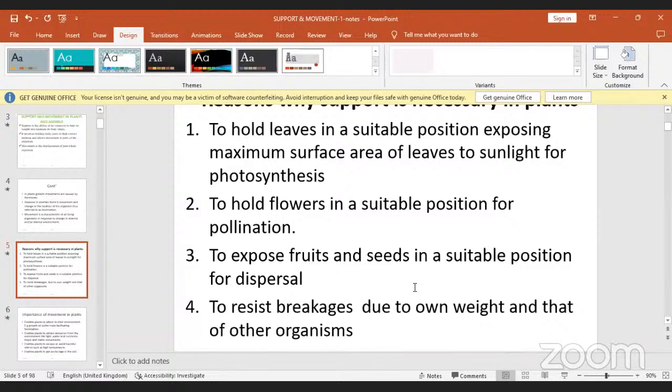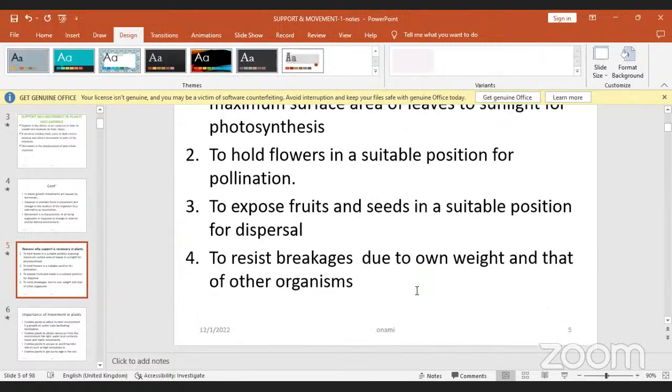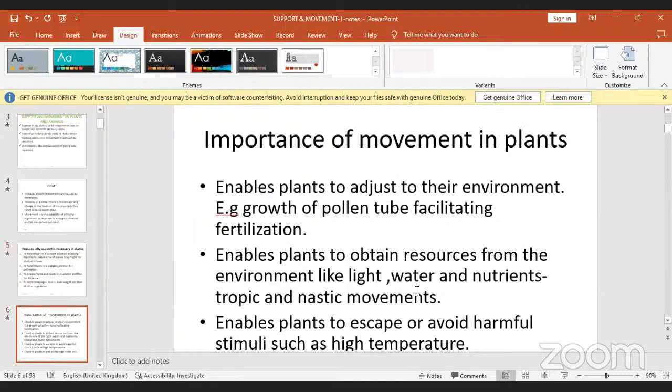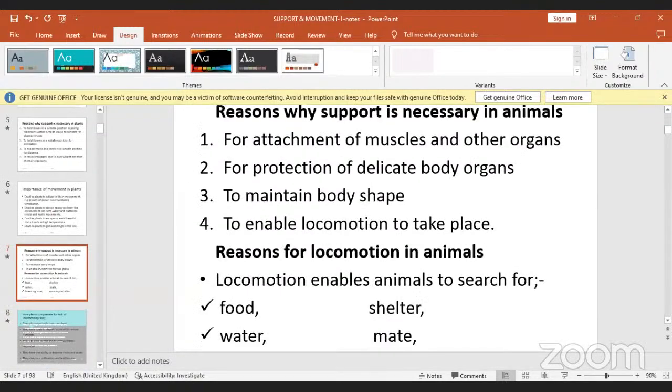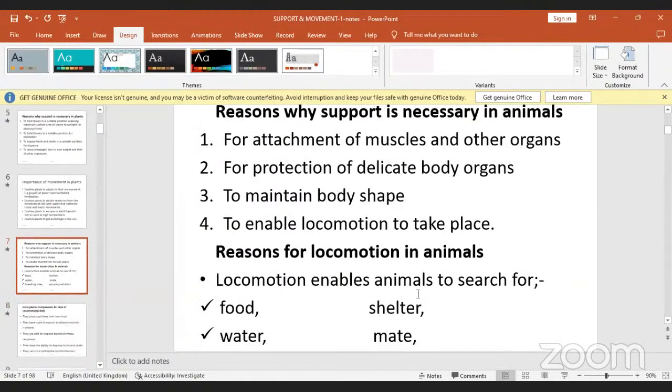For example, in school, you have so many monkeys that reside on the trees around. So for the trees to avoid breaking because of the weight of those organisms, we need a concrete support structure in plants. So that is all about the reasons why plants need support.